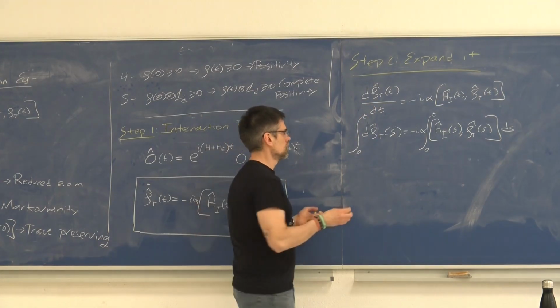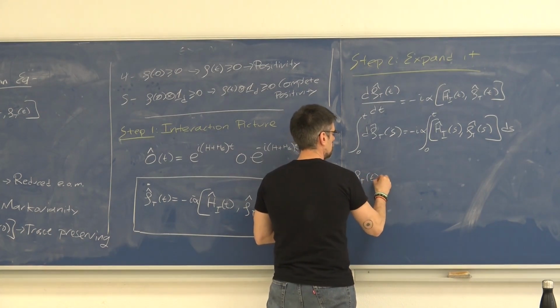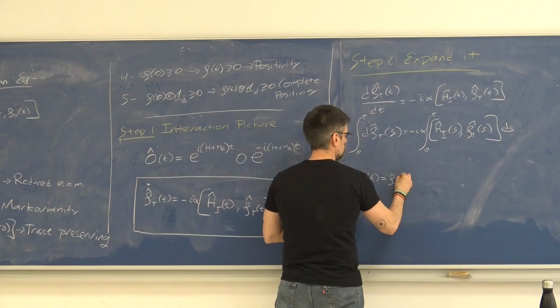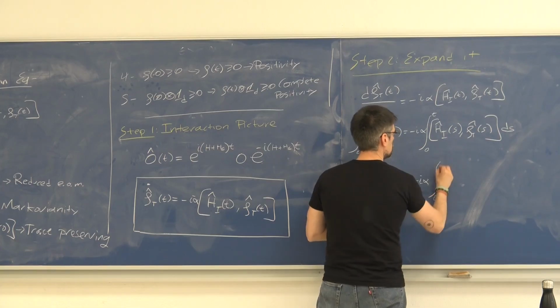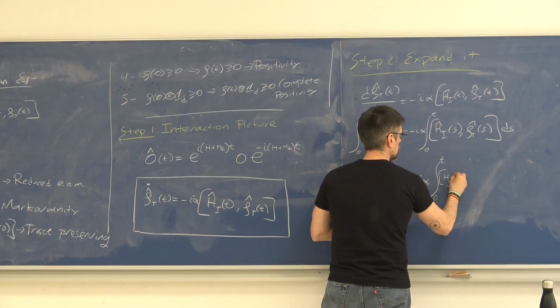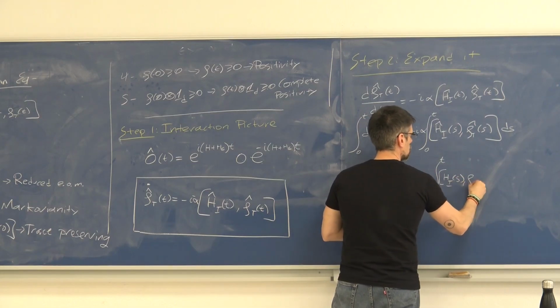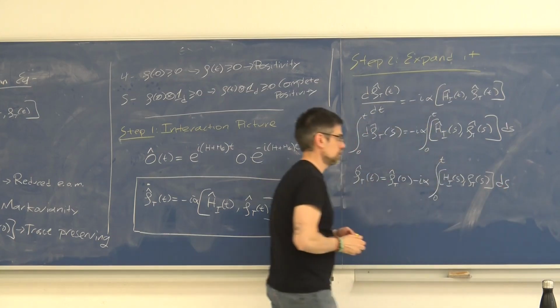Okay? So this means that rho t of t will be equal to rho t of 0 hat minus i alpha, this beautiful integral between 0 and t of h I of s rho t of s differential of s.